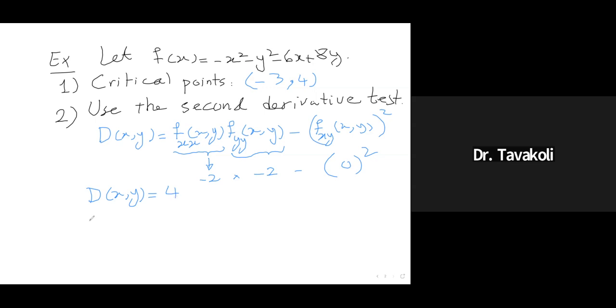In particular, I want to know that at this critical point, what is D? So D of every x and y is 4, so D(-3, 4) is also 4, which is positive.